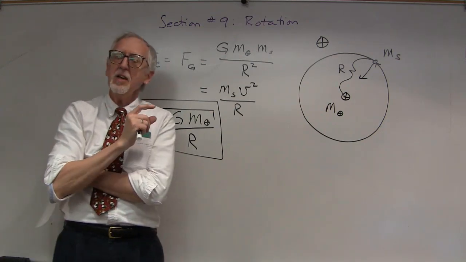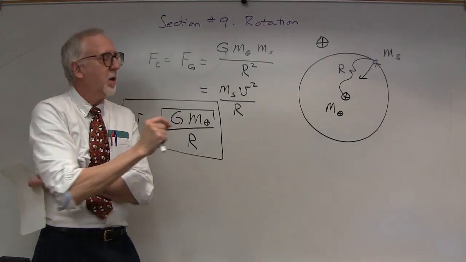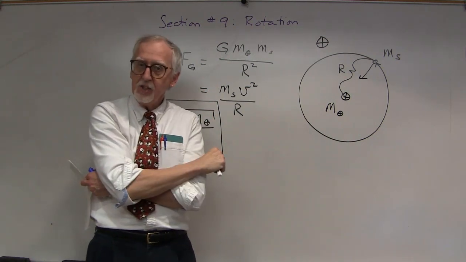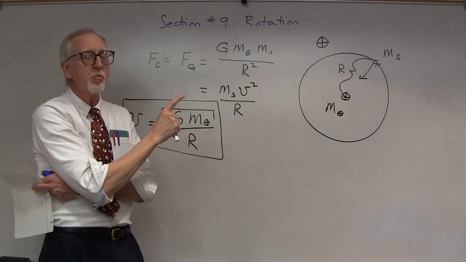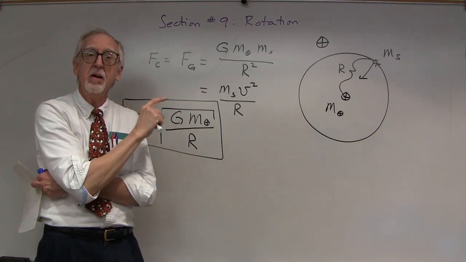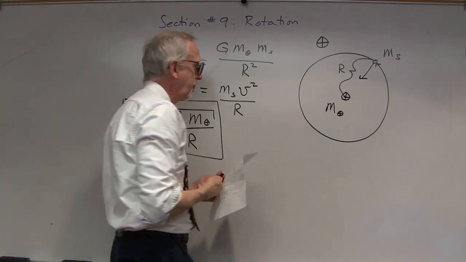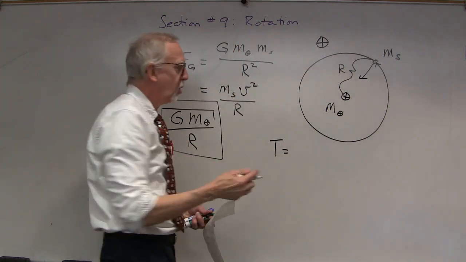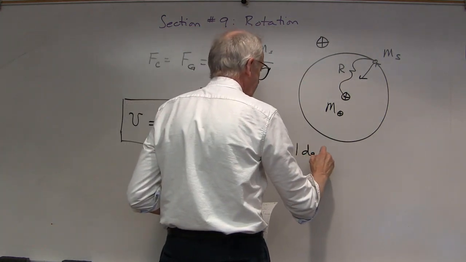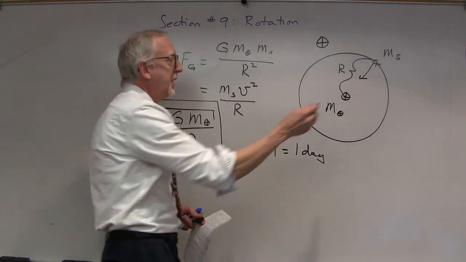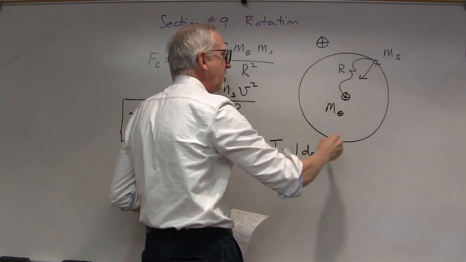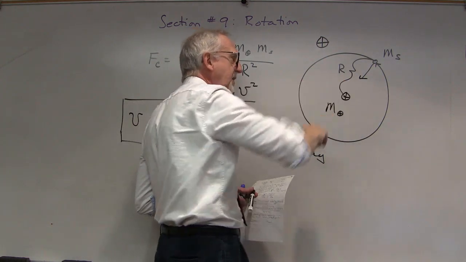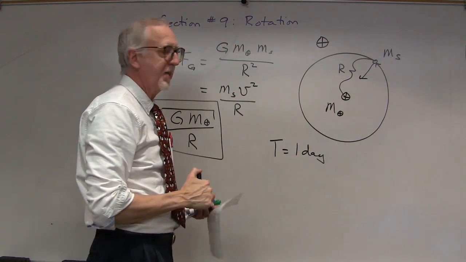There is a particular kind of orbit, particularly if we're really talking about a satellite like a communication satellite, where we can arrange the orbit so that the period of the orbit is 1 day, or let's say approximately 1 day. In other words, the satellite will go around the Earth in the same amount of time that it takes the Earth to rotate, approximately 1 day. We'll just call it a day.